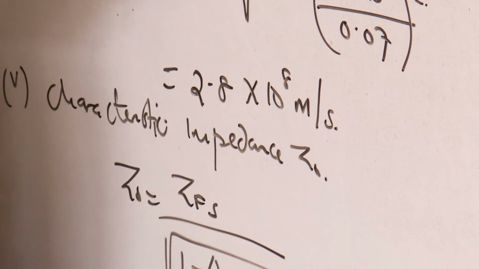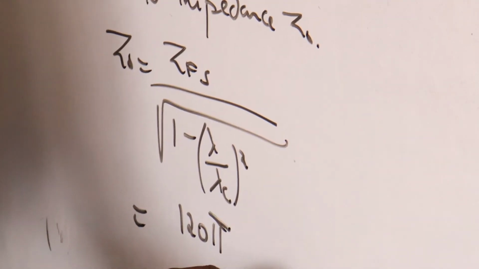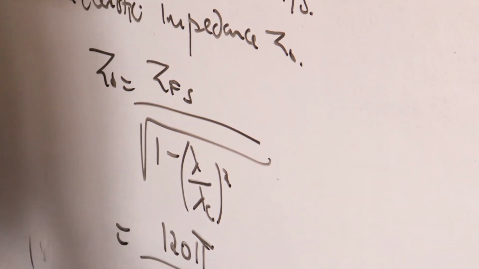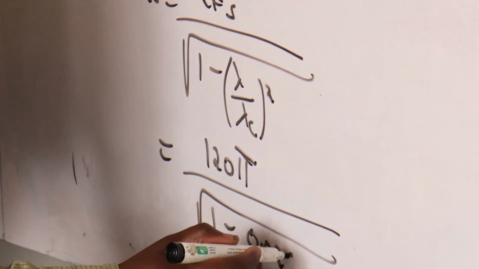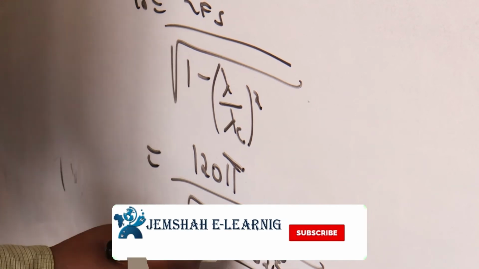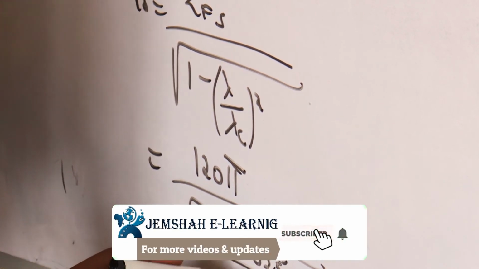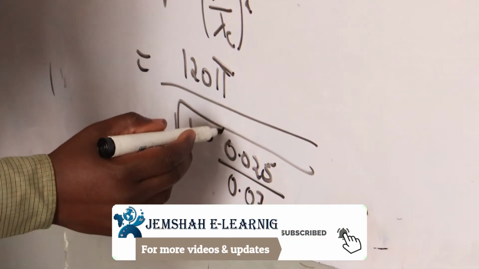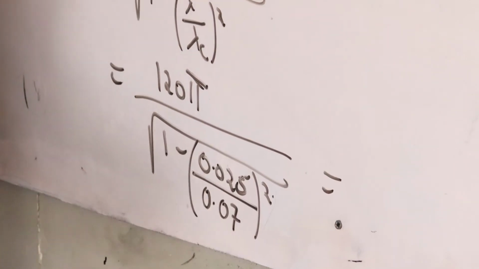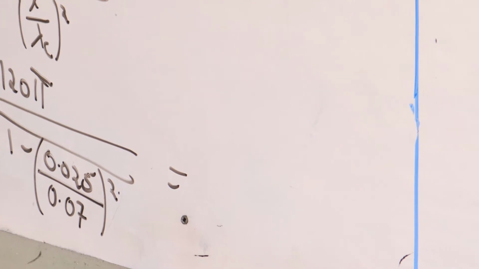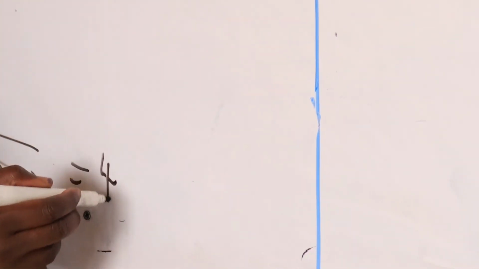ZFS is 120 pi or 377 ohms. And this gave us a result of 403.609 ohms.